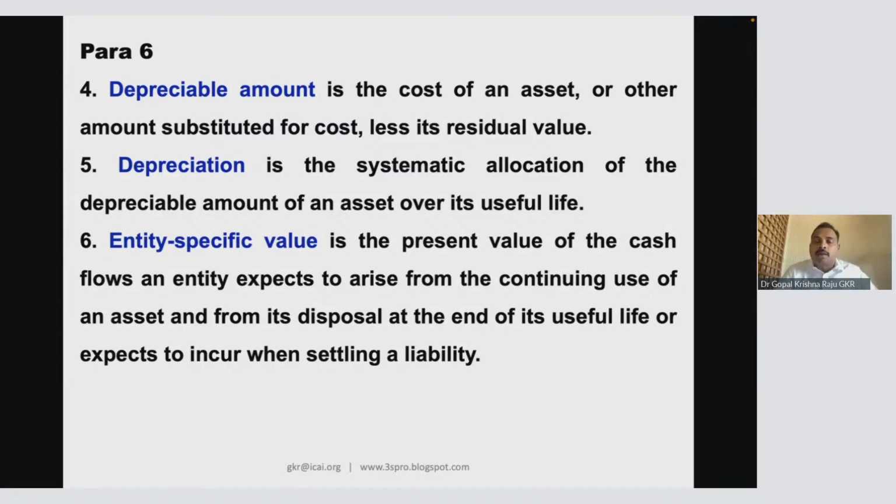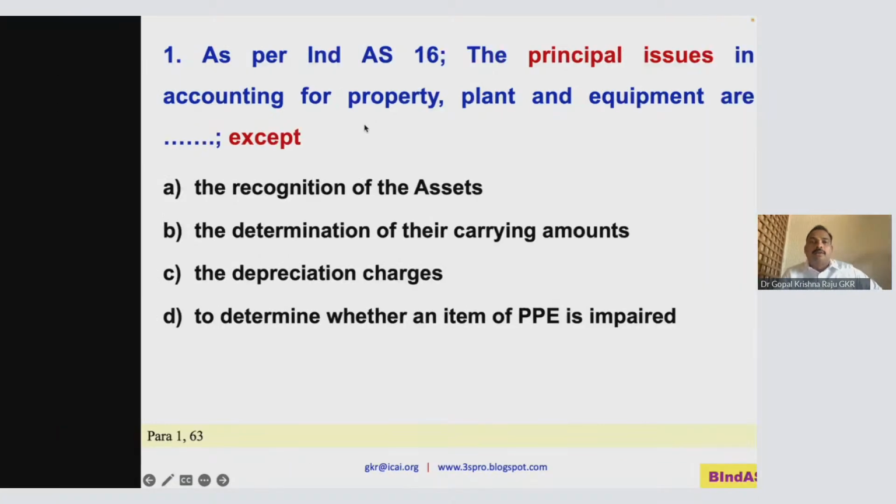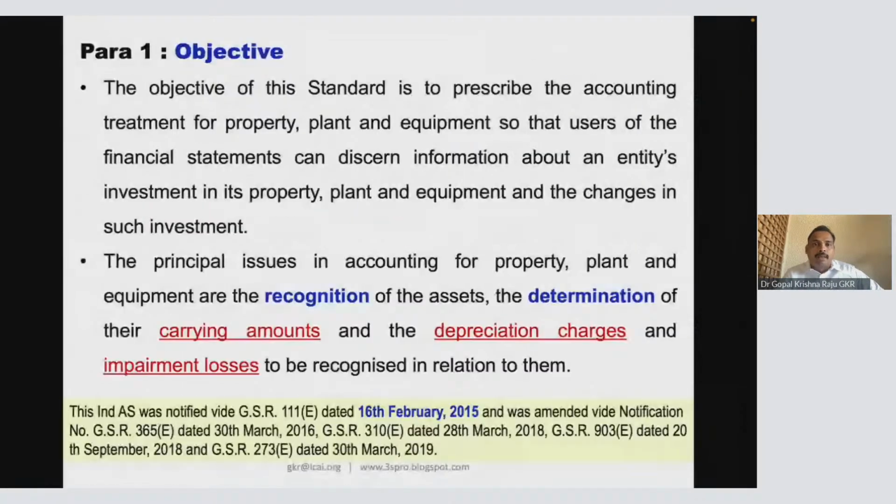Now coming to our question here: as per Ind AS 16, the principal issues in accounting for PPE are. Let me take you to para number 1. The principal issues in accounting for PPE are to recognize the asset, determine their carrying amount, that is, your closing balance, the depreciation charges you have to debit to your P&L account, and impairment losses to be recognized.